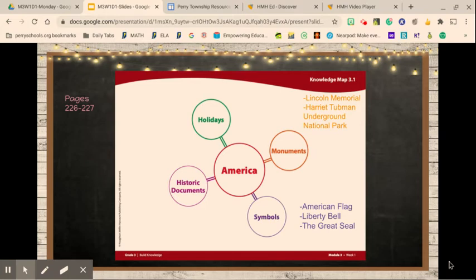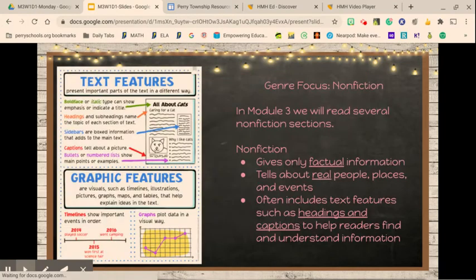The symbols we talked about were the American flag, the Liberty Bell, and the Great Seal. Write those three things next to the symbols. And then the monuments, although there are many monuments, these were just the two that we heard: the Lincoln Memorial in Washington, D.C., and the Harriet Tubman Underground Railroad National Park. So get those written in your book as well.